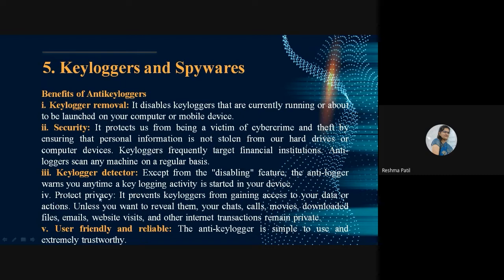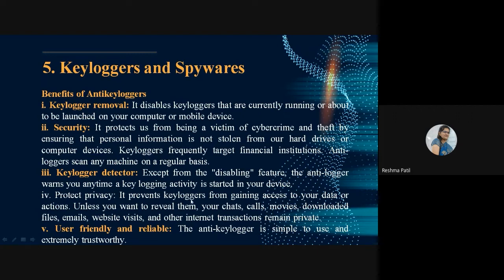Next is protect privacy. It prevents keylogger from gaining access to your data. As soon as that keylogger is detected, what will it do? It will disable it as well as uninstall it. Means it will not allow that keylogger to work. So it is protecting your privacy.